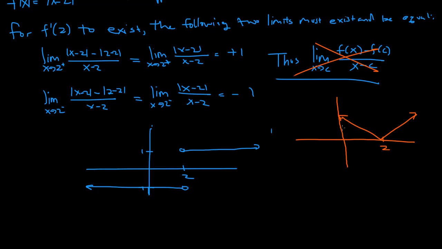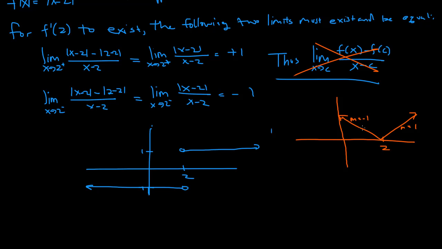The derivative is the slope of the tangent line, and for a linear equation, it's just the slope of the line. So the slope of the line to the left of 2 is -1, but the slope of the line to the right of 2 is 1. Those two slopes do not match up when you get to the point at 2.